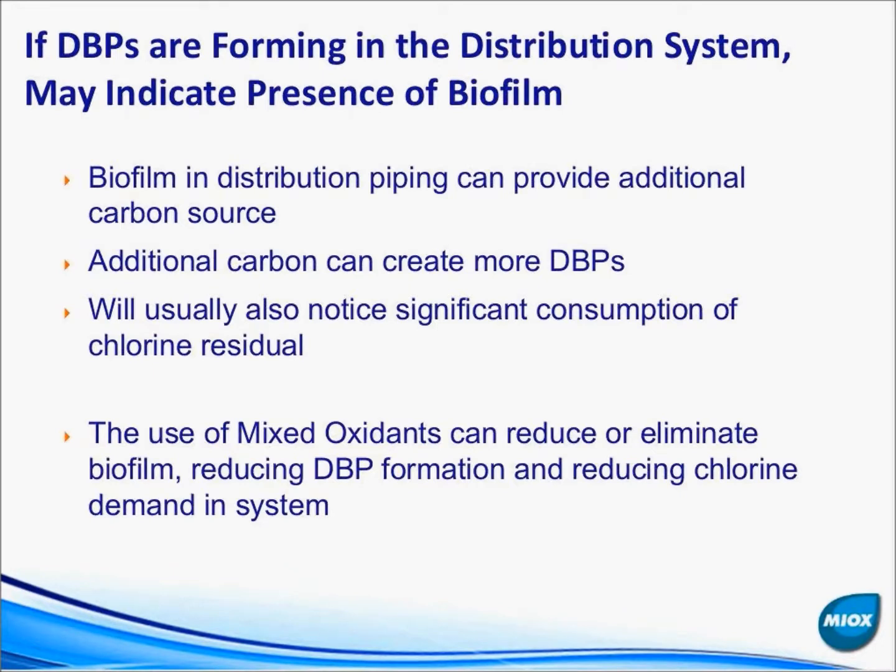So now, if disinfection byproducts are forming in the distribution system, that may indicate the presence of biofilm. As we start looking at this, we like to look at what the behaviors are and what disinfection byproduct concentrations you're observing.